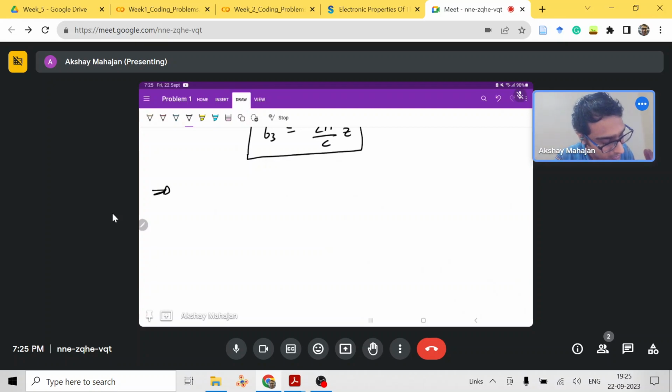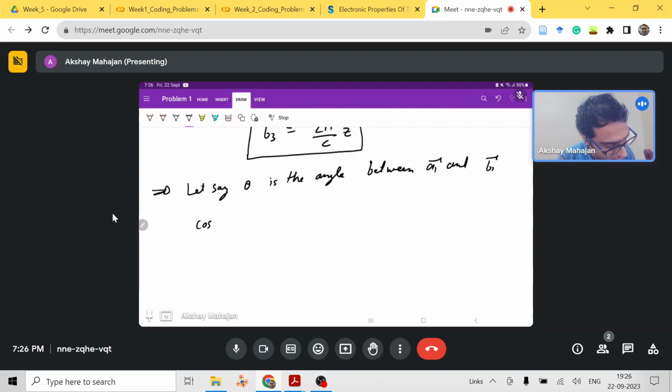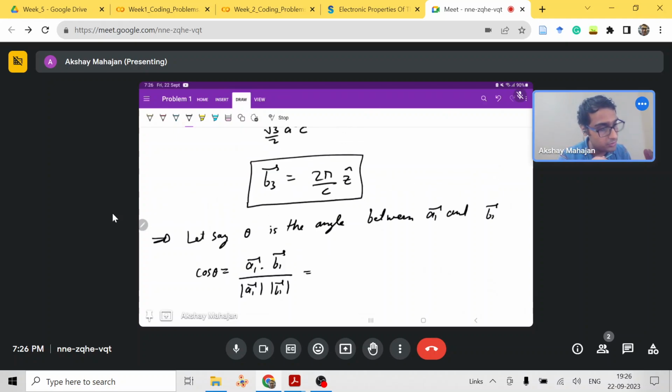Let's say theta is the angle between a1 vector and b1 vector. So cos theta will be equals to a1 vector dot b1 vector divided by mod of a1 vector and mod of b1 vector. Now we have to just do a dot product of both of them.